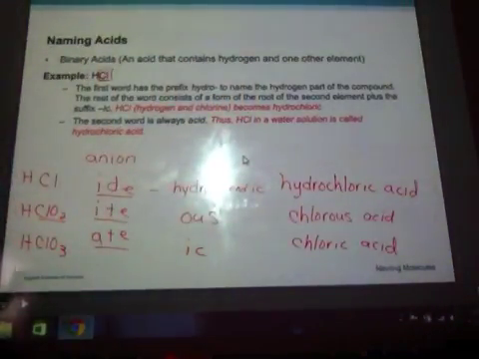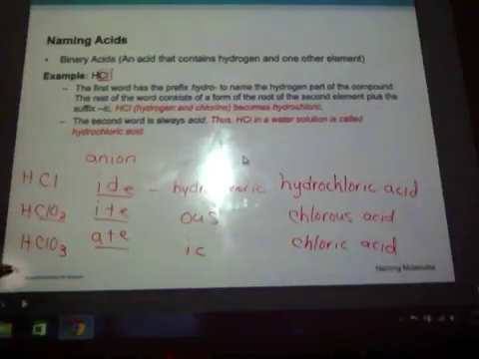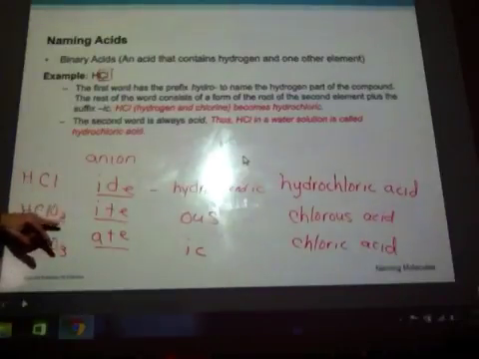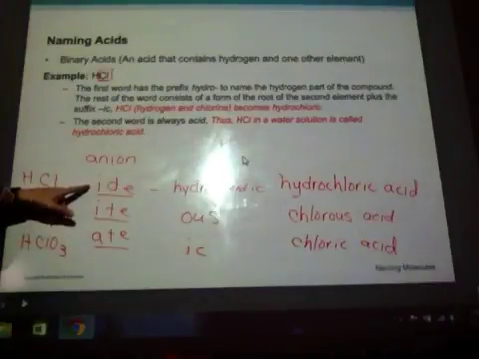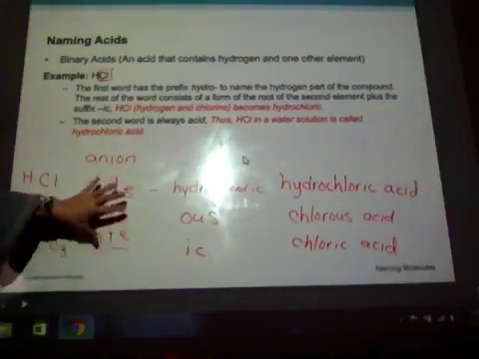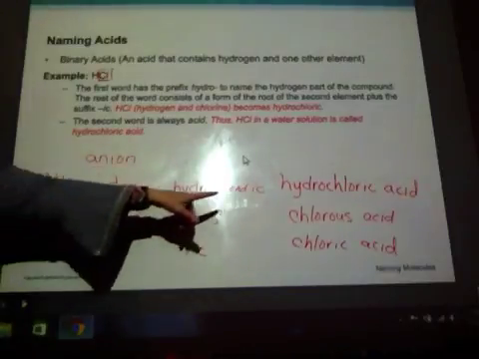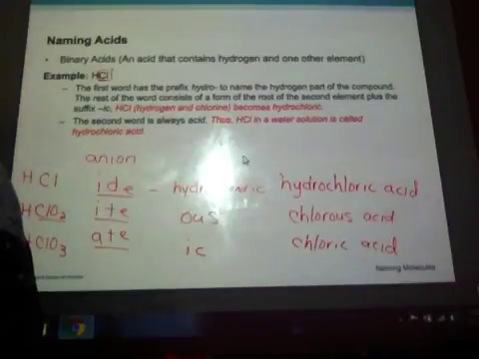So when you are given a formula, the H is always going to be in front. You're going to look at whatever the back or the anion is, and it will either end with ide, ite, or ate. And depending on what it ends with, that's how you're going to figure out how to name the acid.